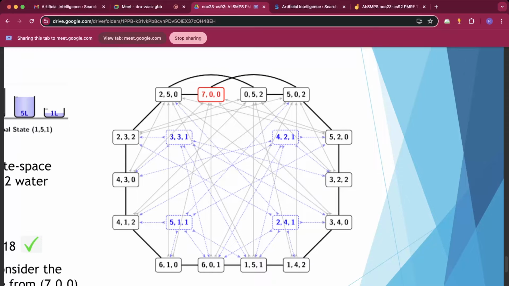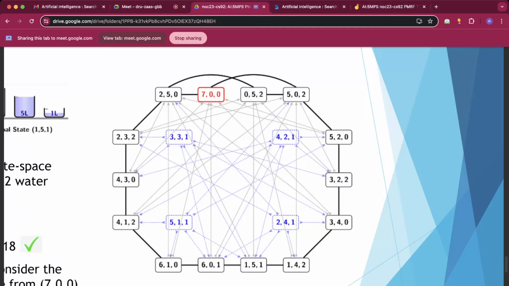And there are certain states which are marked with these blue dotted edges. These are the states that you cannot reach directly from any other state. These are states that could exist, that are valid, but you can only go from this state to any other state.